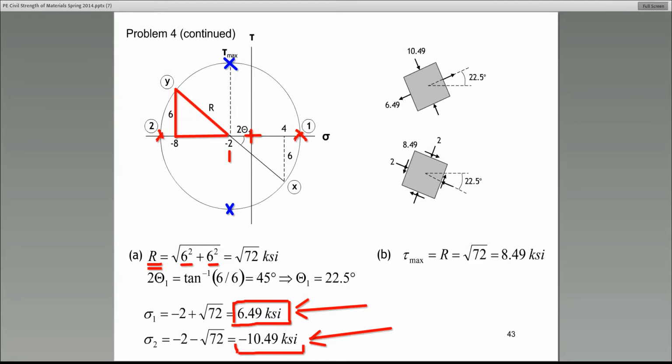Well, find the y value of that point, the highest point. And remember this dotted line, what is that? You got it. That's the radius. So there it is. Radius is equal to the maximum shear stress. It's the square root of 79, and it comes out to be 8.49.